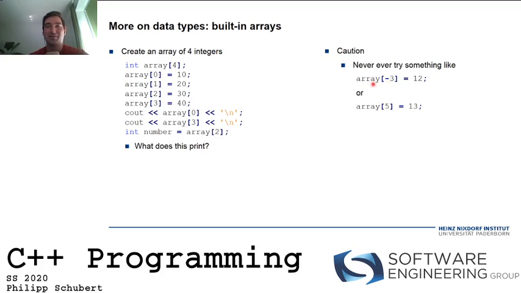So don't try this one, and don't go beyond the upper limit. If you have an integer array of size 4, your valid indices are from 0 to 3, to n minus 1. 5 is not a valid index anymore.